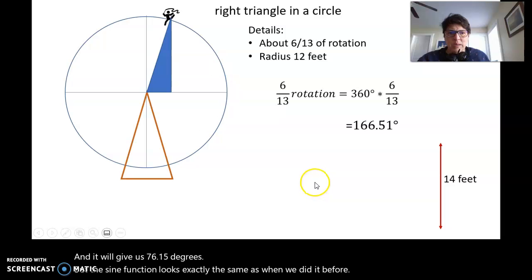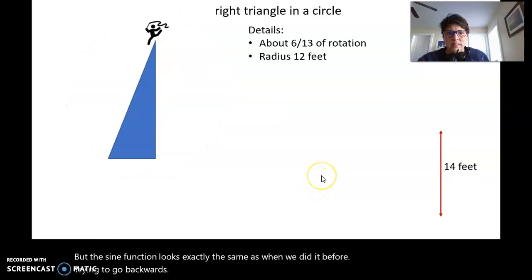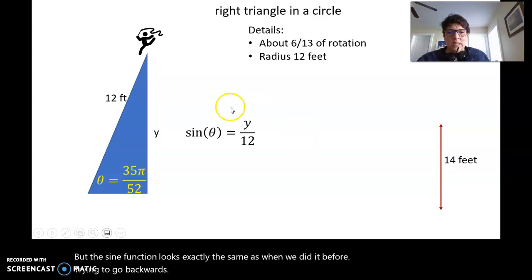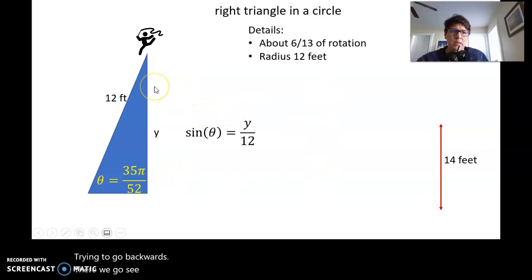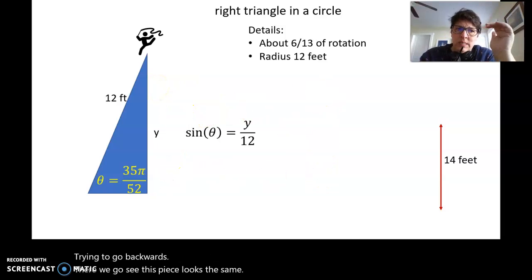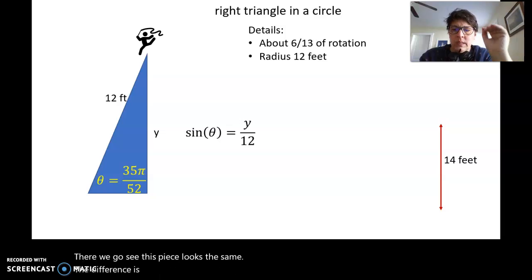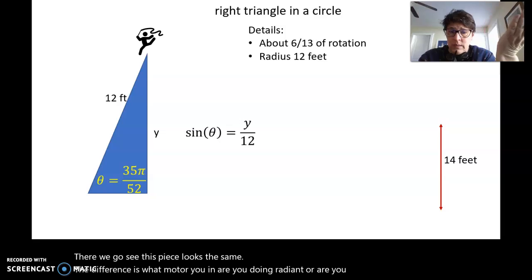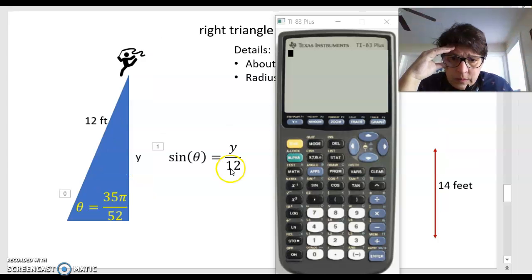I'm trying to go backwards. There we go. See, this piece looks the same. The difference is, what mode are you in? Are you doing radians or are you doing degrees? Okay, let's do radians right here. So y will equal 12 times the sine of theta.